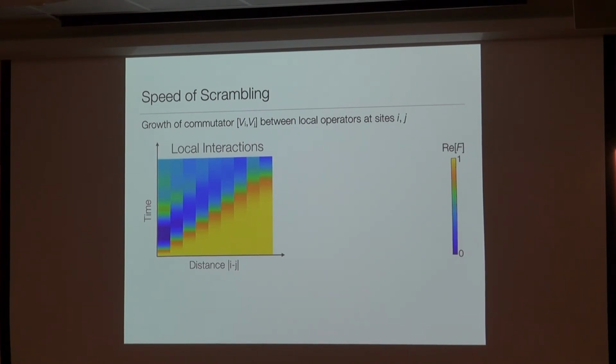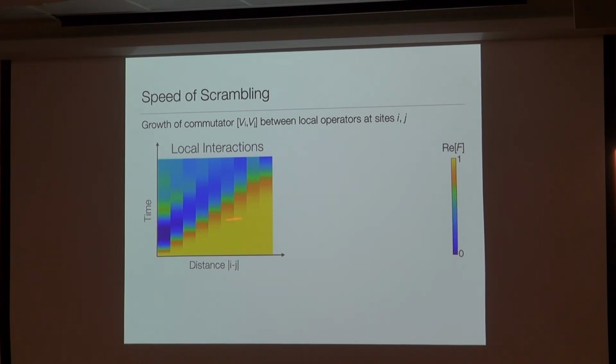Just for illustration, if one asks about a local model, the behavior one would expect to see, and this is just a numerical simulation of a local but chaotic model, is that this commutator is very nearly 0 up until some time that depends simply on the distance between the spins.